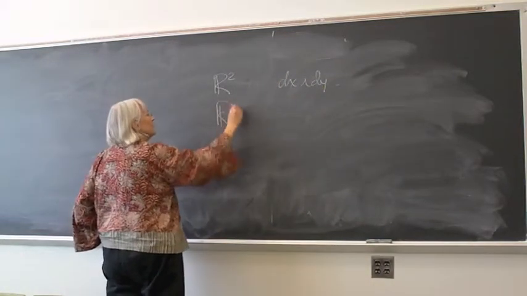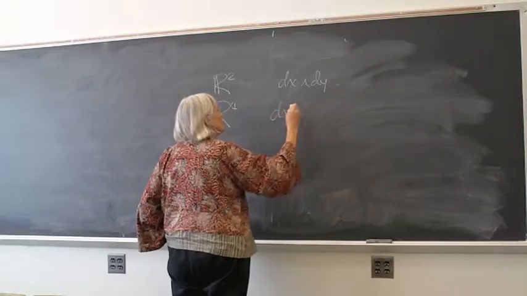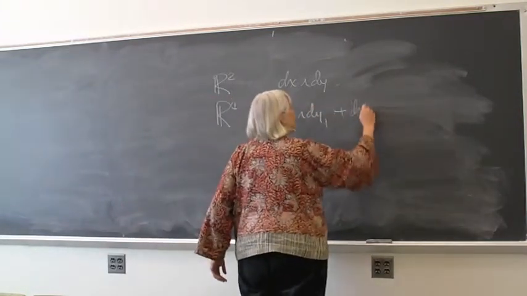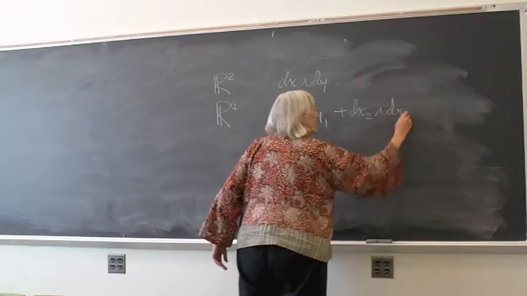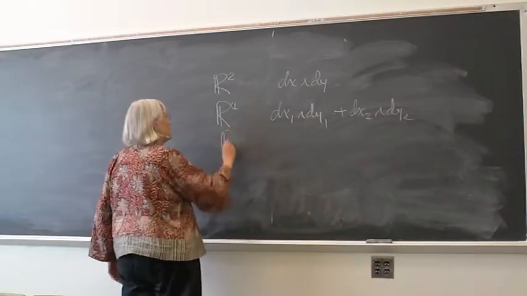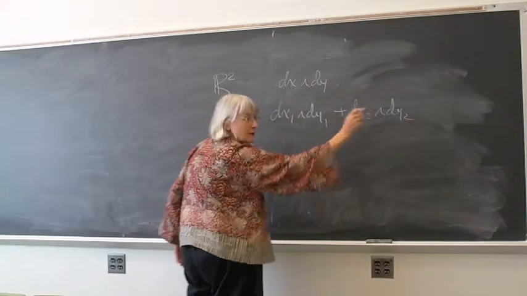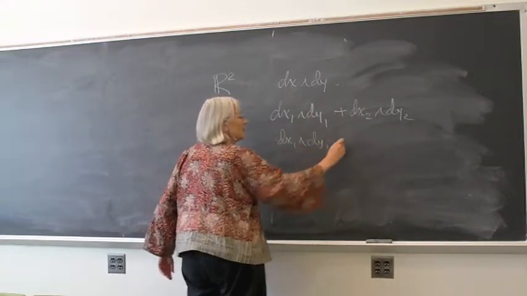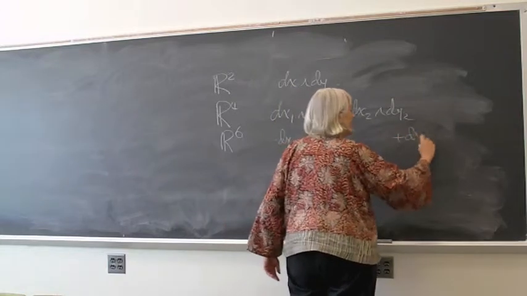In R4, it's just a sum of area forms, dx1 wedge dy1 plus dx2 wedge dy2. And in 6 dimensions, it's just a sum of 3 of these things. I hardly need to write it out. So that's what a symplectic structure is.